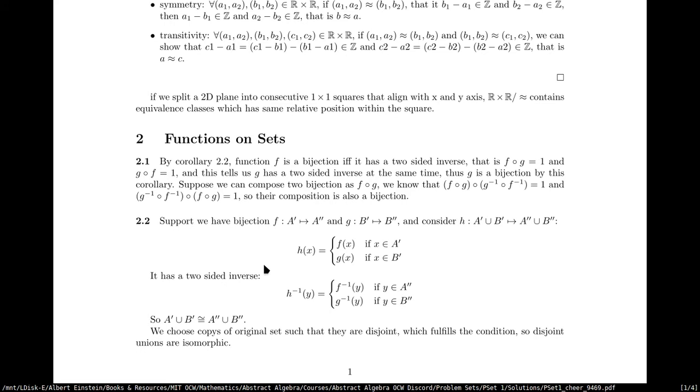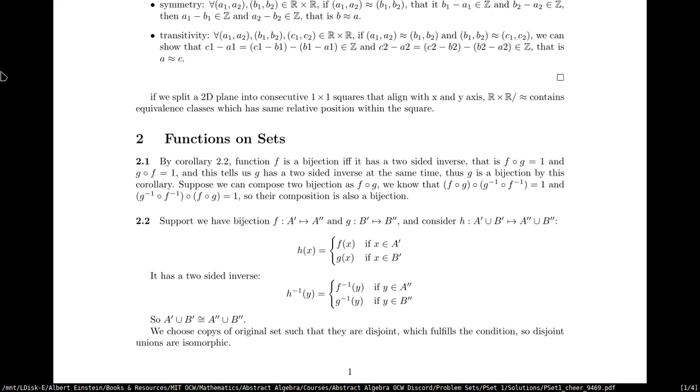And the composition of two bijections being a bijection is the same thing, right? If you have f and g, we have to prove that g circ f is a bijection. So you take g circ f of a, and that will be g of f of a. Now g is a bijection, so g of f of a prime is going to be g of f of a double prime, right?